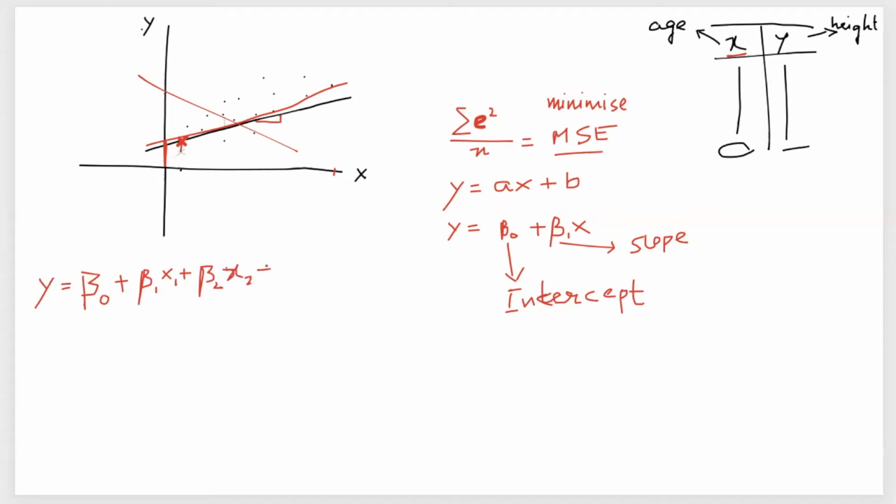Like this, we will continue till we have beta n xn. So this becomes my linear regression equation.